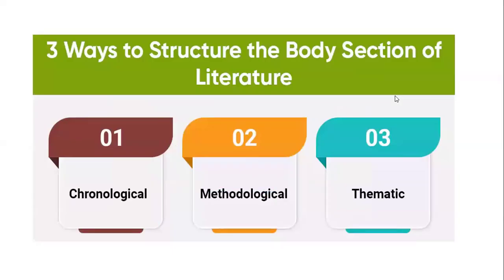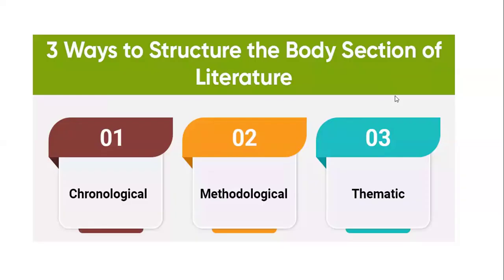These are three ways to structure the body section, which includes different types. Basically, it would be chronological, methodological, or thematic. What chronological means is you can discuss literature in chronological order.